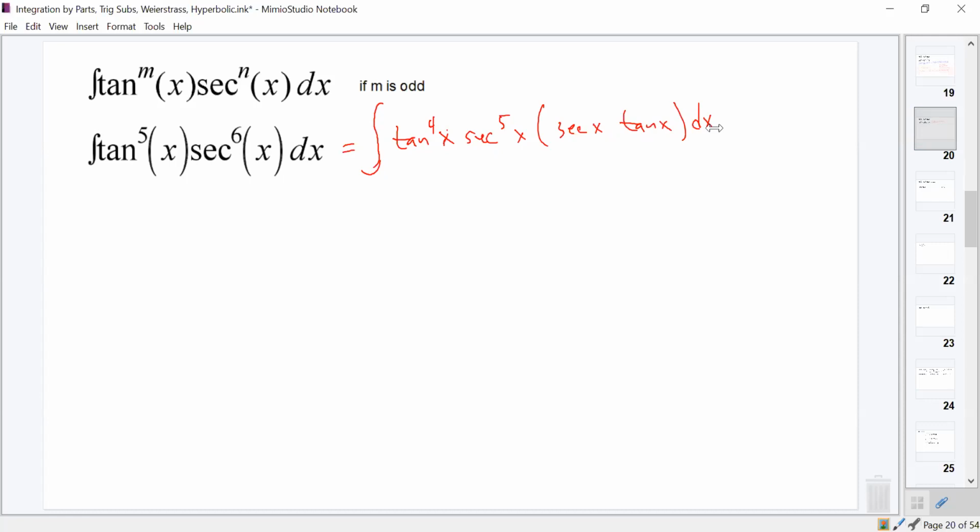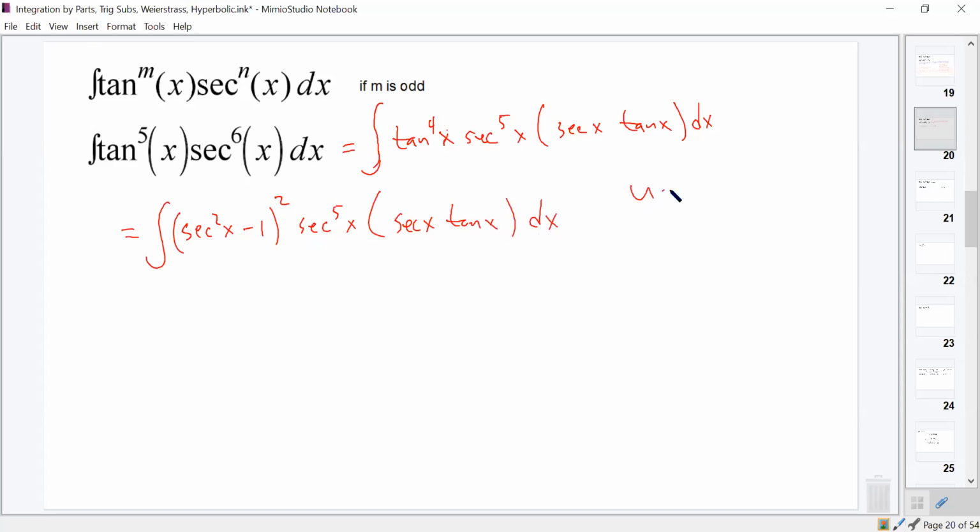And the reason we're doing that is because this time the substitution that we're going to make is u is equal to secant x. So I pulled one of the tangents out, which is leaving me with an even power on the tangent. And so we know that tangent squared is equal to secant squared minus 1. So this ought to become secant squared x minus 1 squared times secant to the fifth of x times secant x tangent x dx.